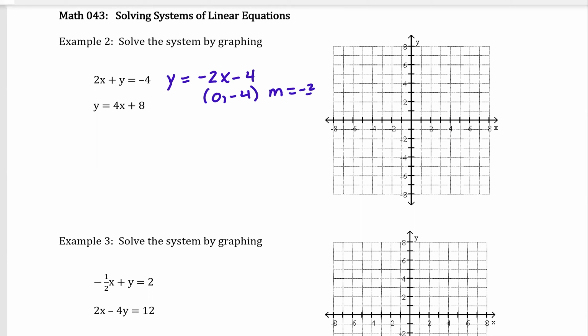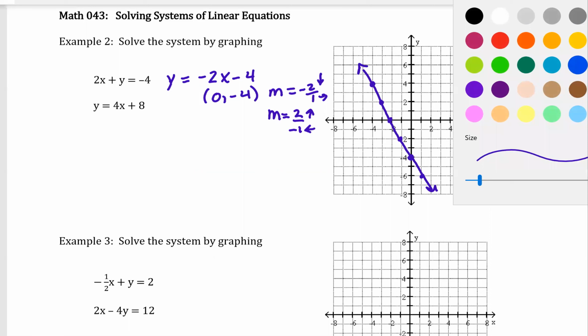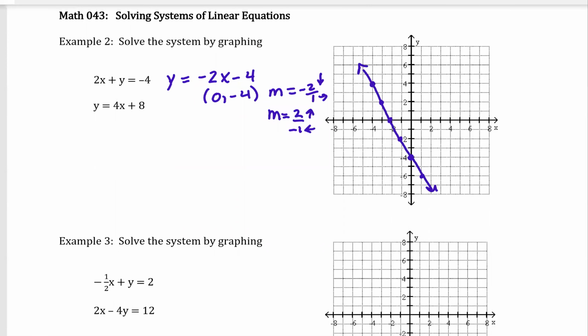And the slope is -2. y equals 4x plus 8 is already in slope-intercept form.